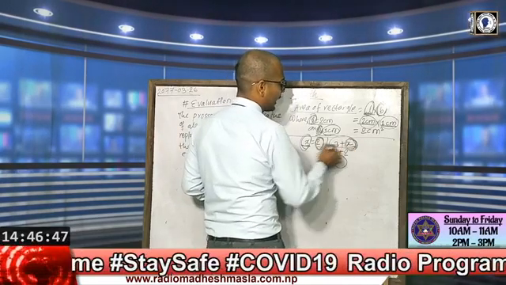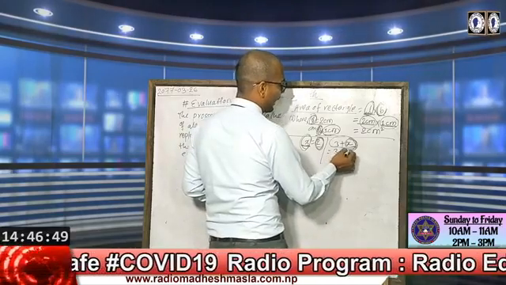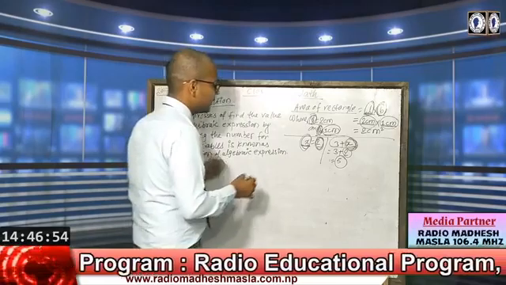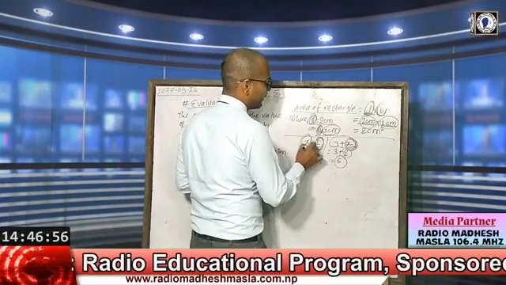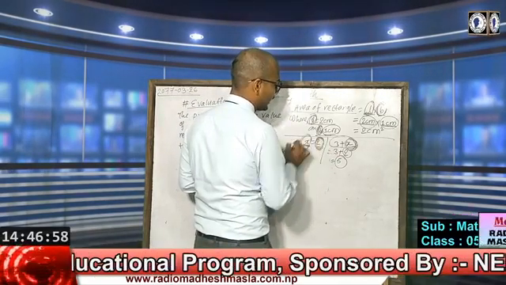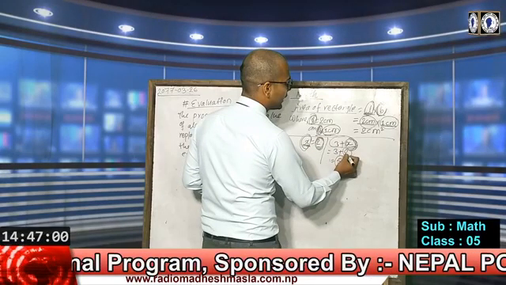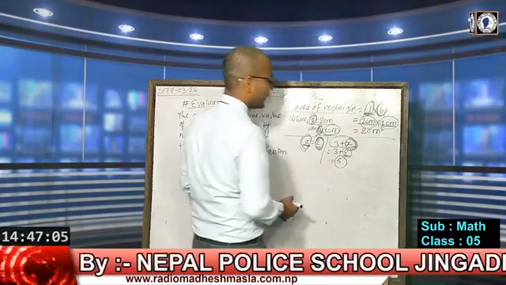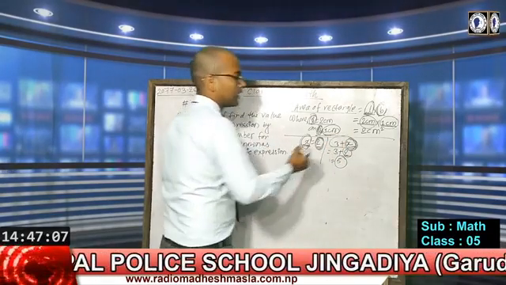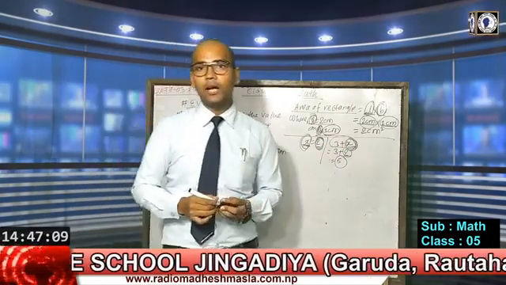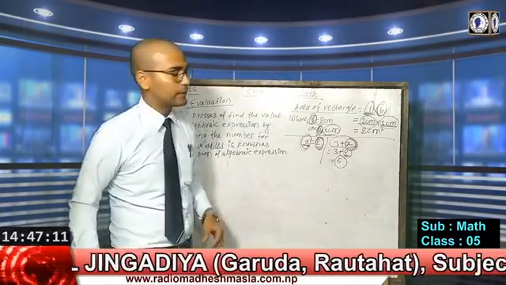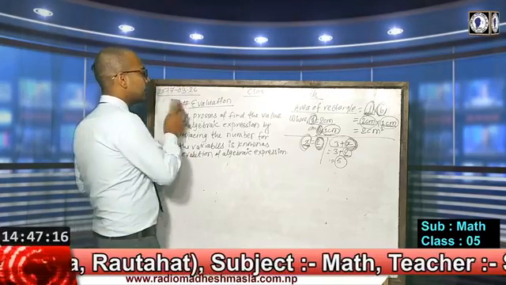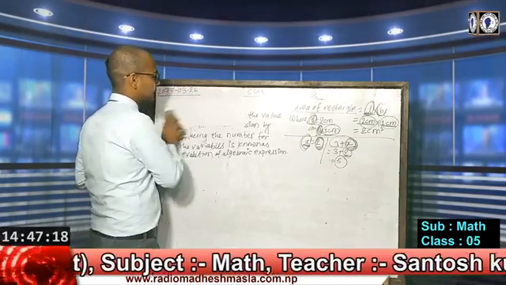Here we have the variable x, and the value of the given variable x is 2. So we replace 2 at the place of x, and after adding we get 5. This is the process by which we can find the value of any expression, and such a process is known as evaluation of algebraic expressions.